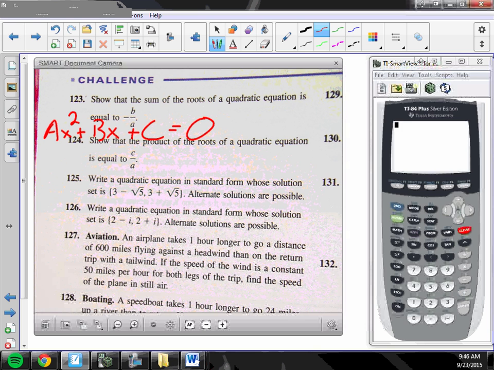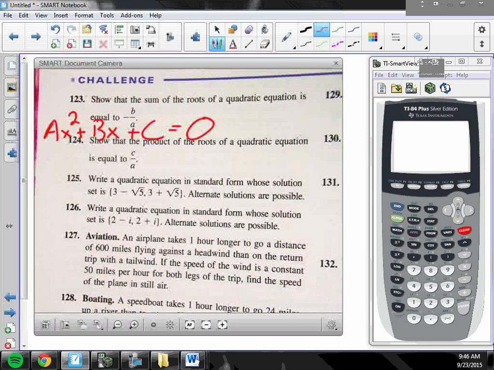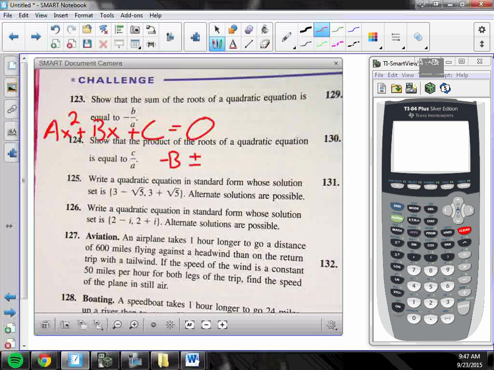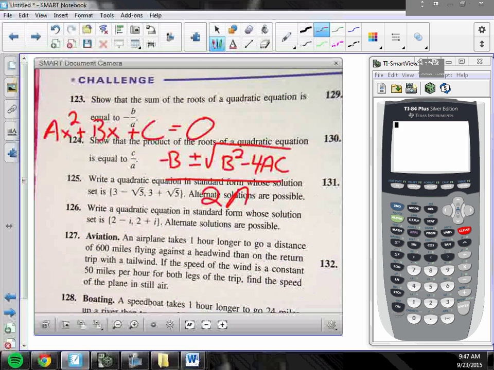If you take this, you can complete the square. So you subtract the c and you divide by a and you complete the square and you end up with an equation affectionately known as the quadratic formula. So the answers to this are negative b plus or minus the square root of b squared minus 4ac over 2a. And that's actually two answers, right?